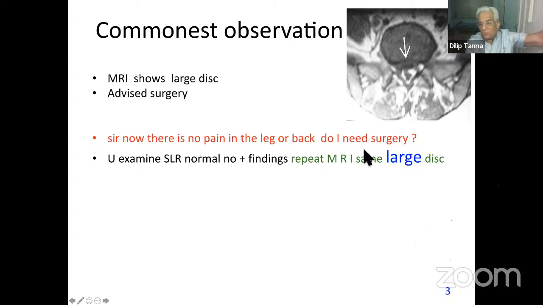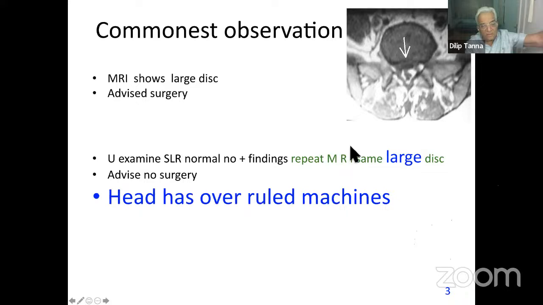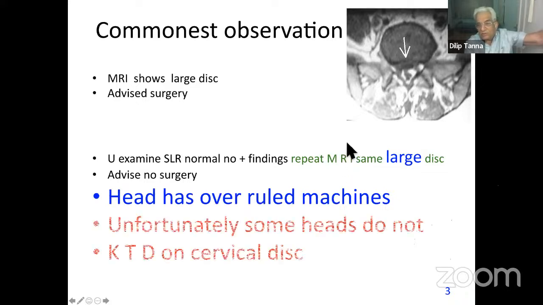If the patient has no symptoms and the SLR is negative, then even if there is a big disc on MRI, you don't need surgery. So I think your examination is more important than the MRI findings. It overrules the machines, and I never advise surgery unless there is really a bad issue.